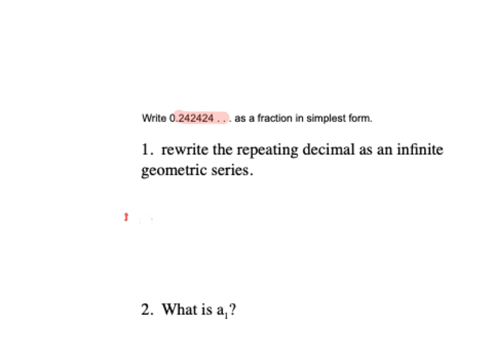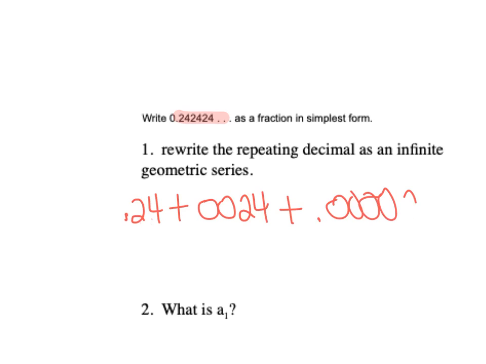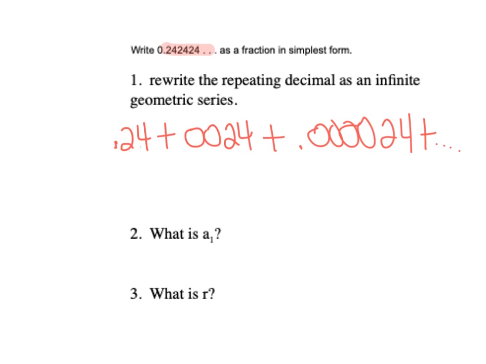So we're going to have 0.24 plus, well, we've taken care of that first 0.24, so then we have 0.0024. If you add those two together, you get 0.2424, plus, so now we've got the first 4 decimal places, 1, 2, 3, 4, and then we repeat 24 plus, and it just keeps going on and on. So our a sub 1 is 0.24.